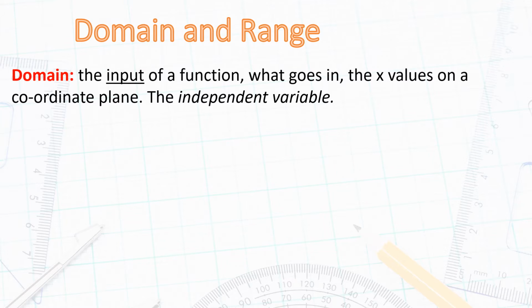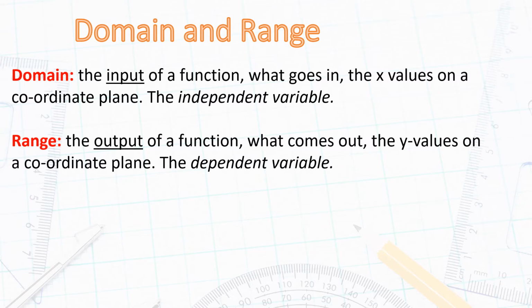So this is what goes in, and then the dependent, which is the other word we're going to talk about in a second, is what changes in response to it. When we're looking at this on a graph, it is typically the x values on a coordinate plane. So the x-axis would show you our domain values, and then the x-coordinates would be part of the domain. So independent variable.